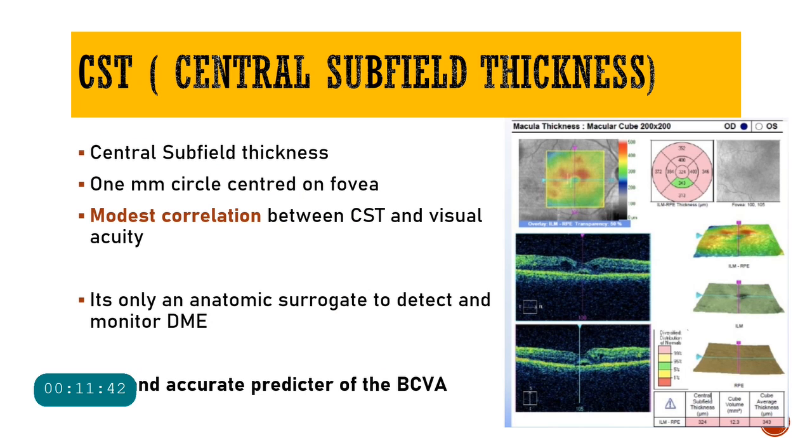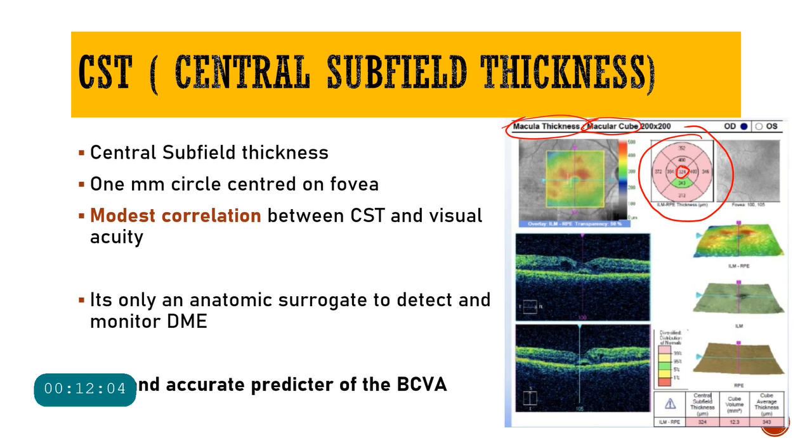So the first one is the central subfield thickness. As I already told you, on a macular cube or a macular thickness map, or a macular scan, you have this ETDRS type of circle, and the inner 1 mm circular part of the ETDRS circle actually tells you about the central subfield thickness.